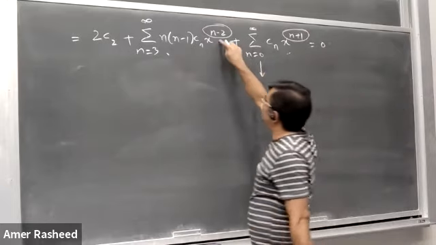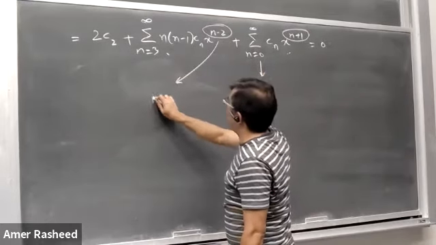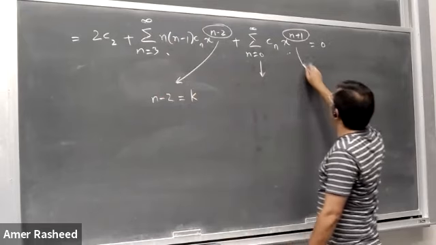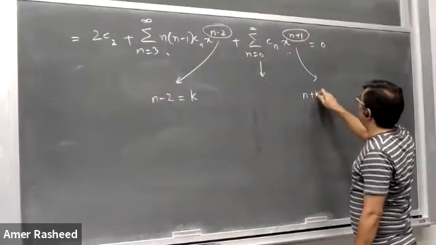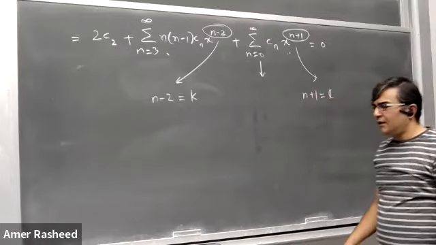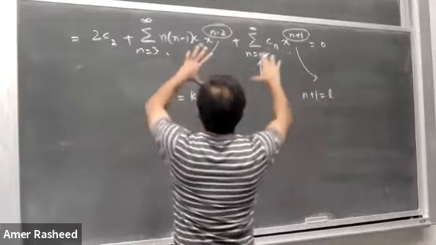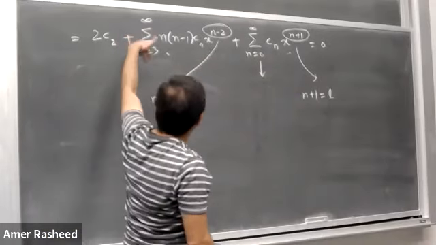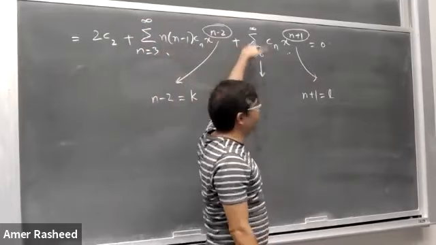Here, for x to the power n minus 2, we put n minus 2 equal to some other index, k. And here, n plus 1 equal to some other index, l. Now we try to make them identical by changing the values or index of the summations.